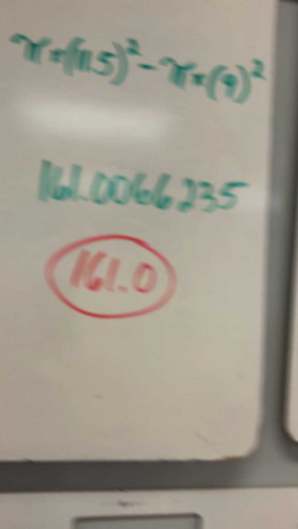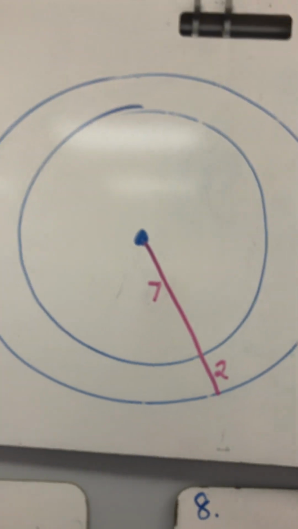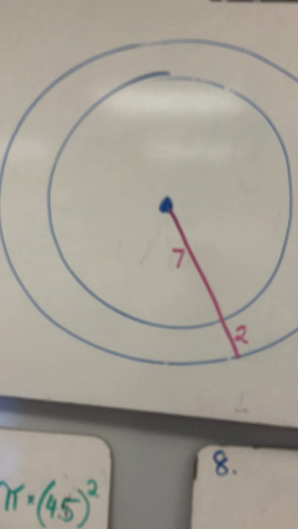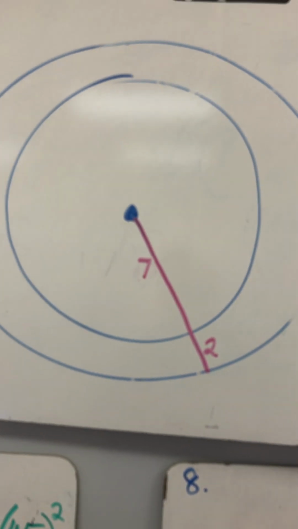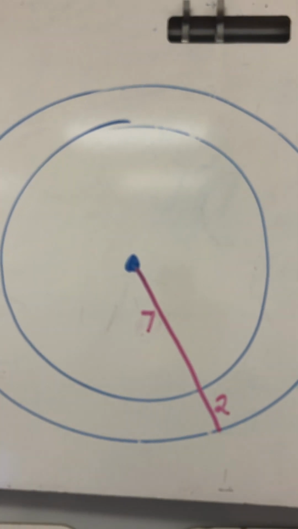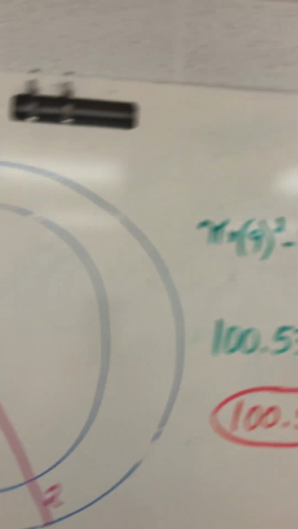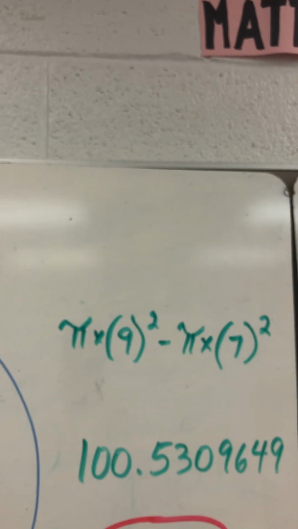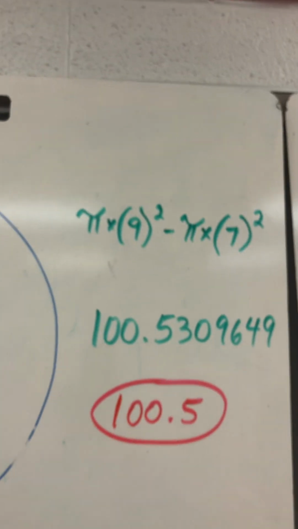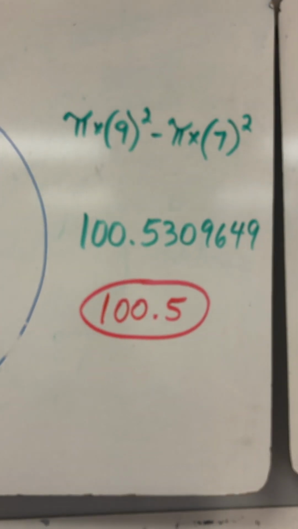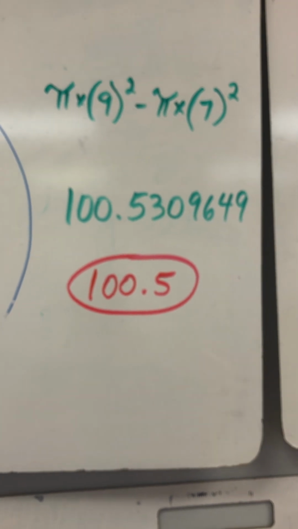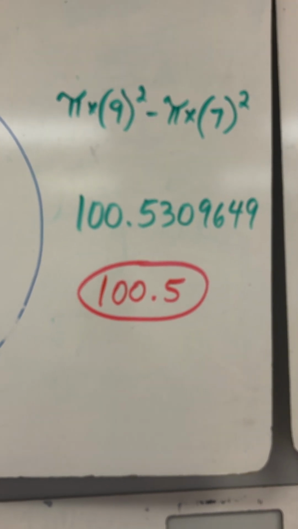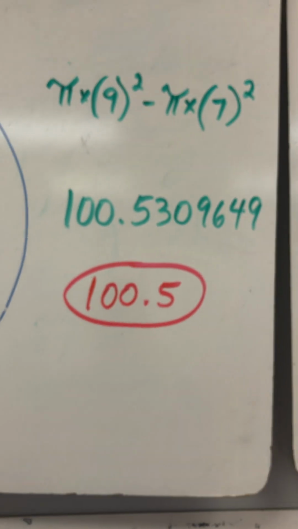Over here, once again, now I have to add 7 plus 2. 7 plus 2 is 9, so I'm going to do pi times 9 squared minus pi times 7 squared. By the way, you're using the pi key. Do not use 3.14 for Delta Math because it'll mark your answer wrong. So here the answer is 100.5.